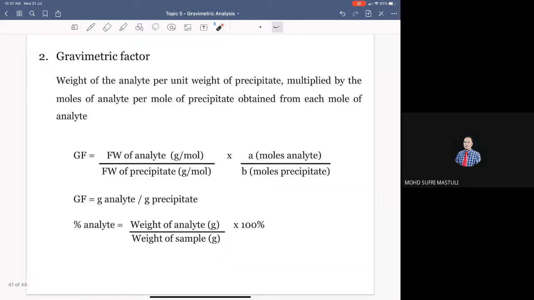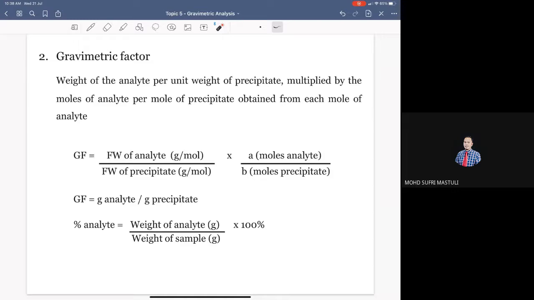For the gravimetric factor, it is the mass of analyte per mass of precipitate multiplied by the mole of analyte per mole of precipitate. So this is the formula to determine the gravimetric factor.